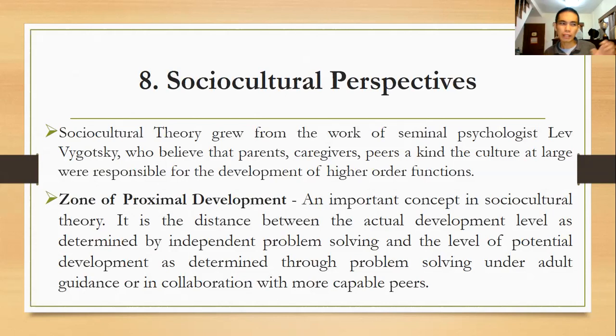For example, they are not able to do those skills, but with the guidance of their parents, caregivers, peers, they will. Because the guidance and encouragement from a person knowledgeable about that skill is very important. Okay.